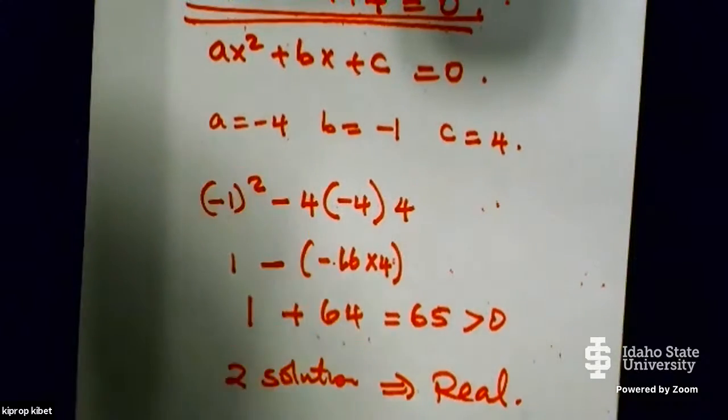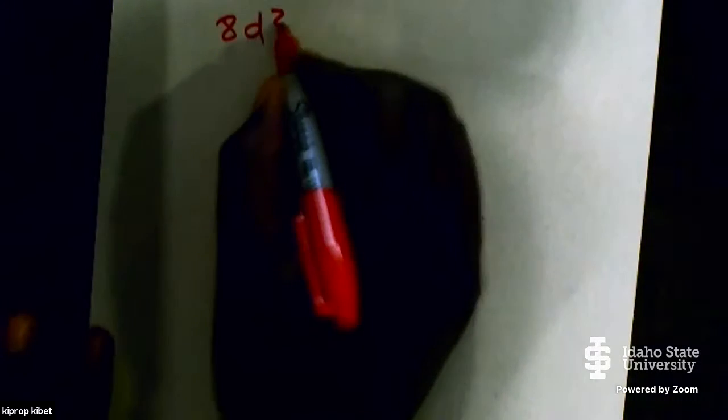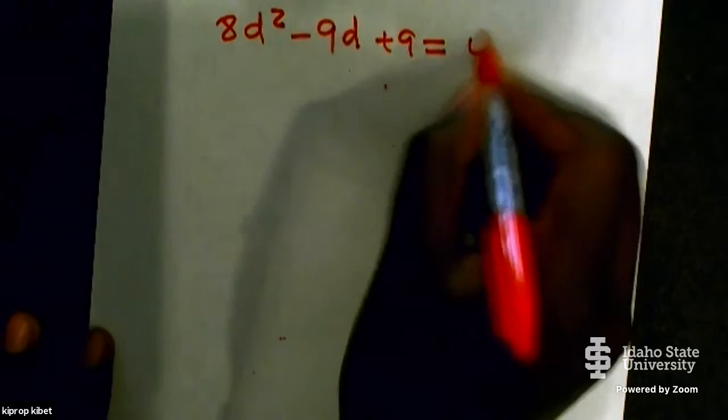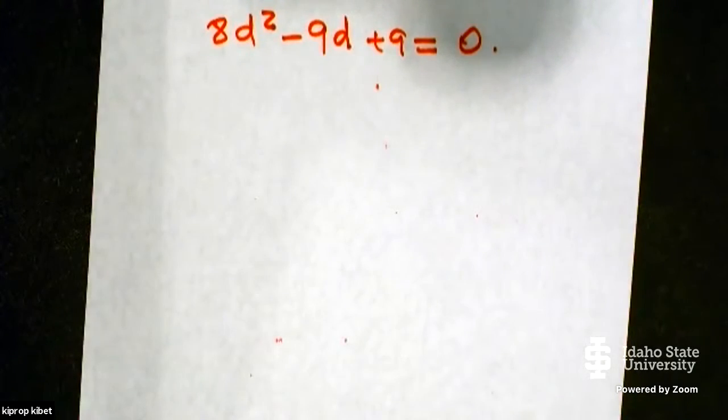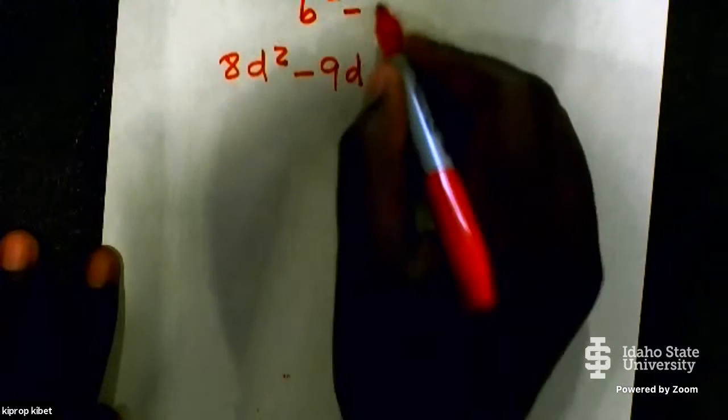Another example: use the discriminant to determine the number of solutions to the quadratic equation 8d squared minus 9d plus 9 equals 0. Our discriminant is of this form, b squared minus 4ac.